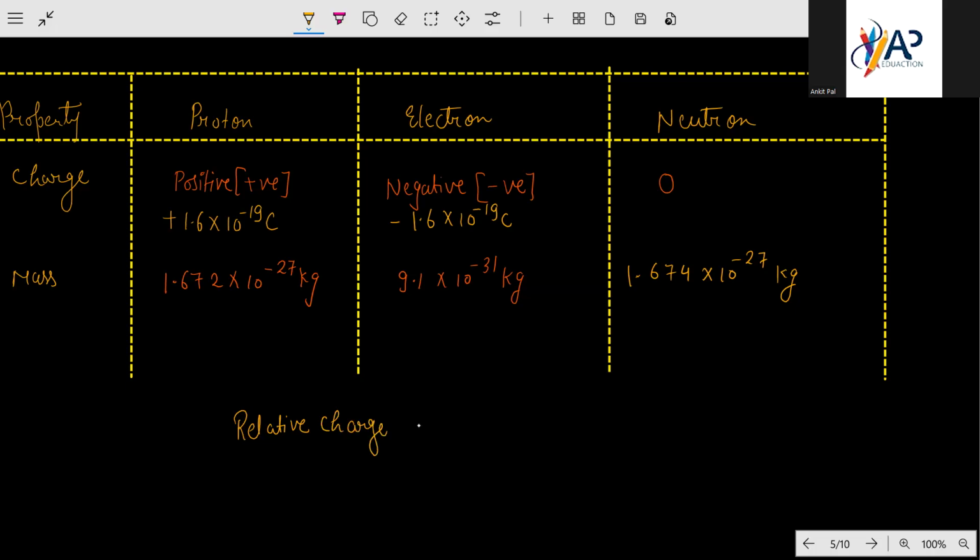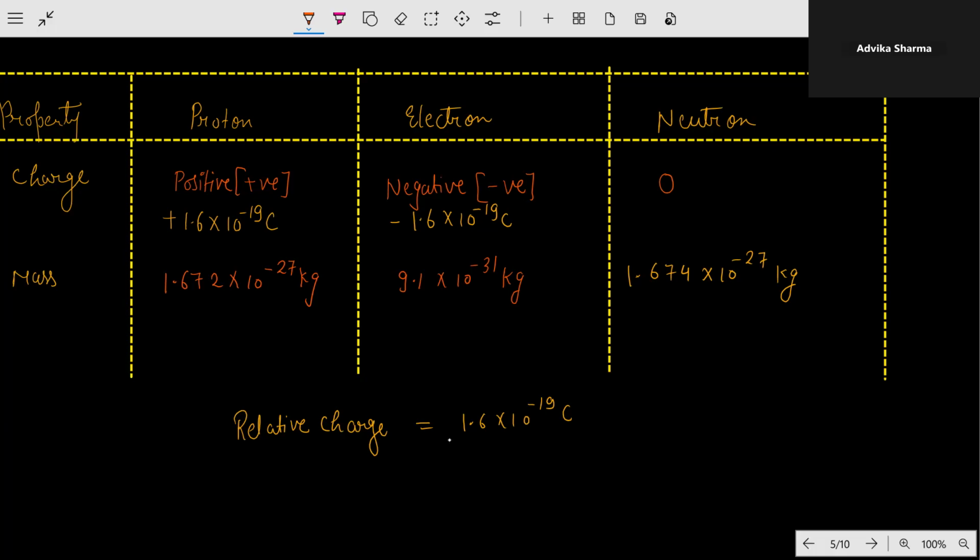Listen, we have the value of charge, even electron, even proton, their magnitude. I am only saying magnitude, not telling about sign. Suppose that this is a charge 1.6 into 10 to the power minus 19 coulomb, right? We know that electron carries the fundamental unit, fundamental charge.